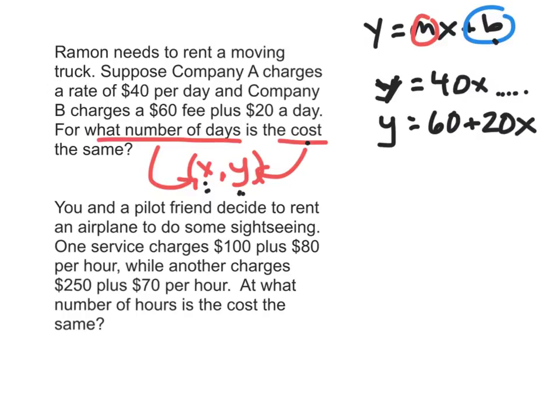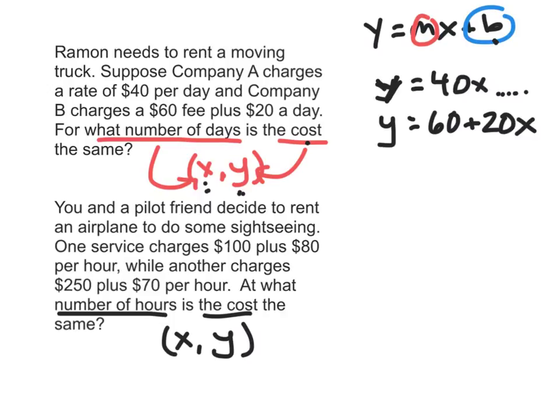The last example, you and a pilot friend decide to rent an airplane to do some sightseeing. One service charges $100 plus $80 per hour, while another charges $250 at first, up front, plus $70 per hour. What number of hours is the cost the same? Again, number of hours, cost. So that's what we're using for x and y.